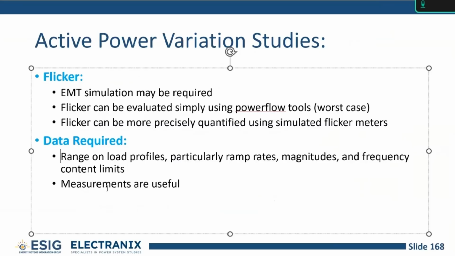There's different ways we can do these flicker studies. We can do it using simulated flicker meters and EMT, but there may also be simpler ways to study this just using power flow studies. You can't exactly just do a change in load and resolve the case and measure the voltage, although it's almost that simple. You have to take care that you're imagining the subtransient time frame.